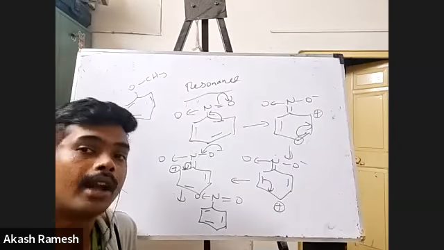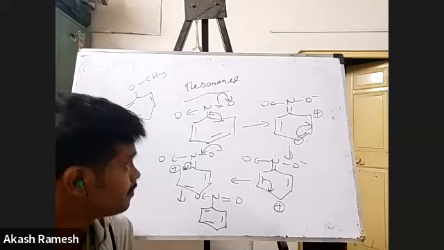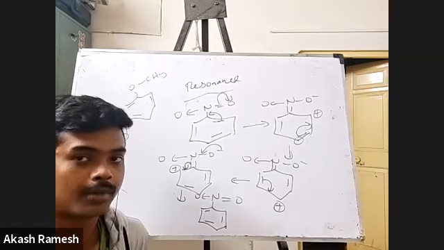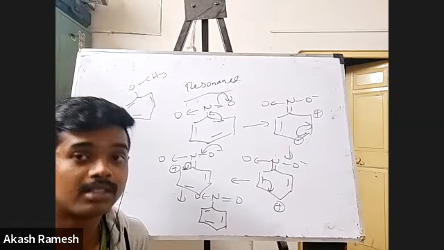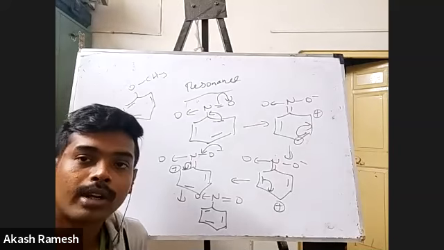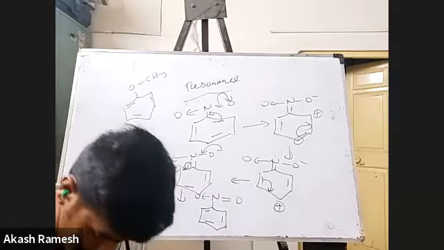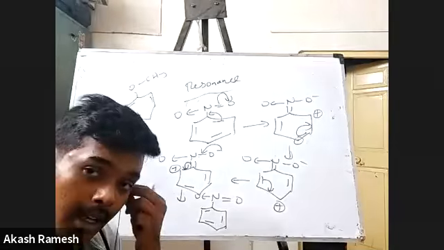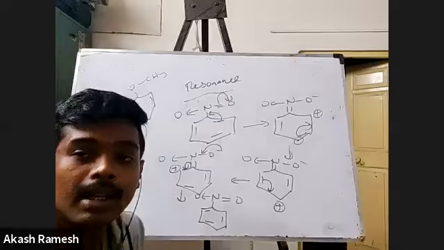Now, can you tell me any other electron withdrawing group? With respect to benzene, nitrobenzene is one. The NO2 group is an electron withdrawing group. It gives me the minus R effect. So like that, can you tell me any other group?